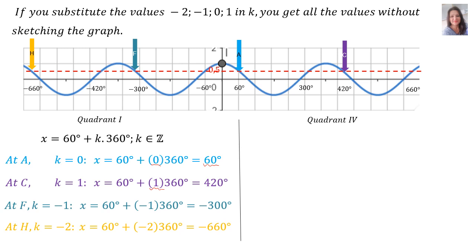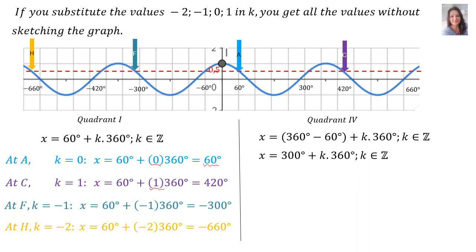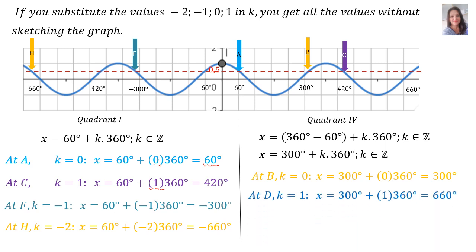That is where quadrant 4 comes in. The general solution is x is 360 minus 60 plus k times 360, k element z. Therefore, x is 300 degrees plus k times 360, k element z. That is the general solution in the fourth quadrant. Now let's see. At B, when I substitute 0 into the general solution, I end with x is 300 degrees.